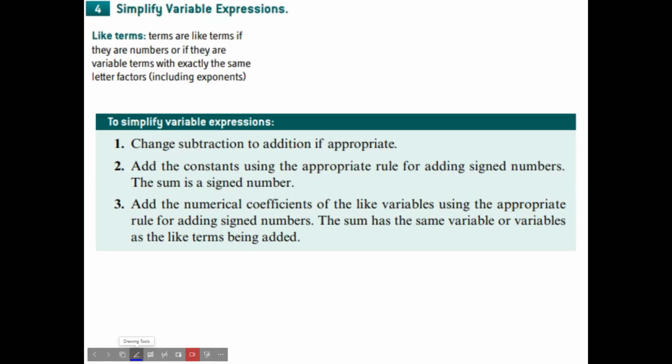Right? Add the constants using the appropriate rule for adding signed numbers. The sum is a signed number. Add the numerical coefficients of the like variables using the appropriate rule for adding signed numbers. The sum has the same variable or variables as the like terms being added. So let's practice.